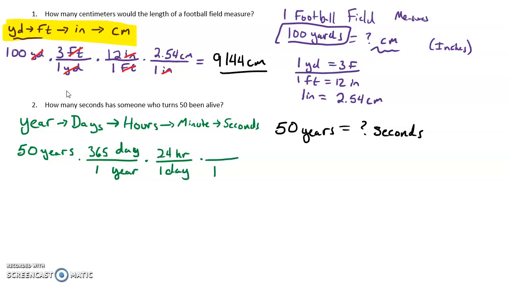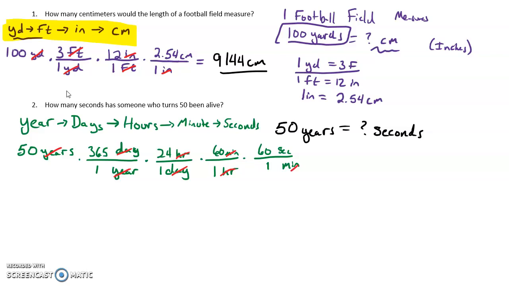In 1 hour there are 60 minutes. And then from minutes to seconds. We're going to put minutes here and seconds here. And in 1 minute there are 60 seconds. And now I'm probably going to get a really large number here. Again, these are all on the top. If I had anything in the denominator, I would end up dividing. But we can see if we follow the trail of our units, we went from years to days, days to hours, hours to minutes, and then minutes to seconds.